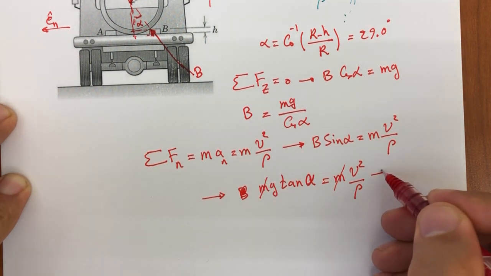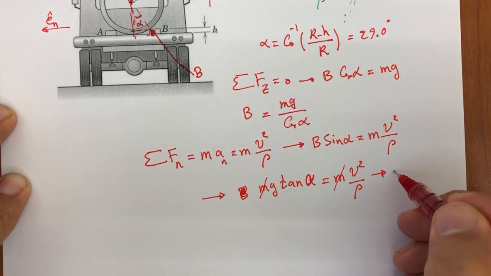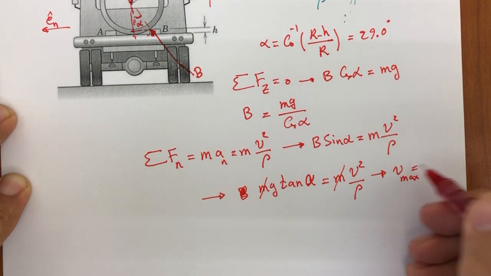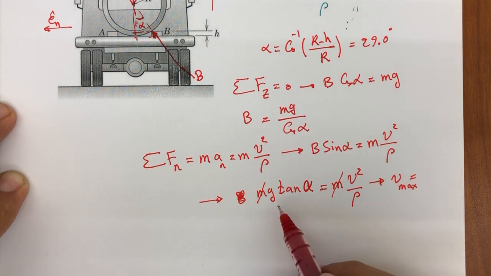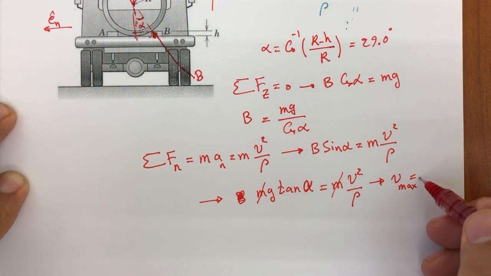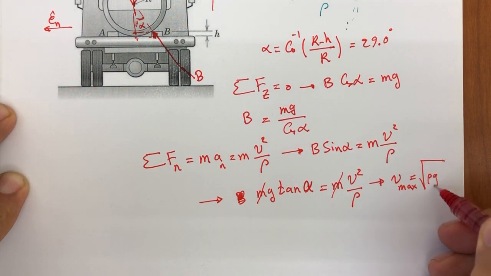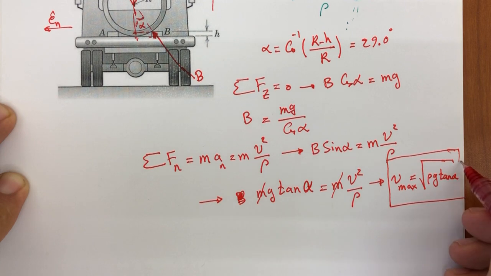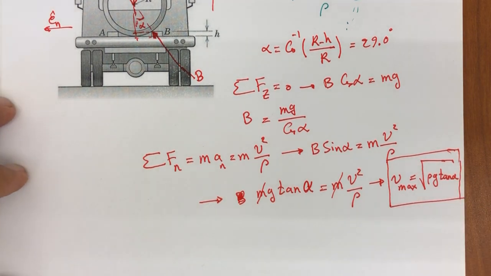From here, we can find the velocity. Velocity, which is that maximum velocity, let's call it v max, is going to be square root of rho g tangent of alpha. So this is the maximum velocity that the truck can have without this pipe rolling over.